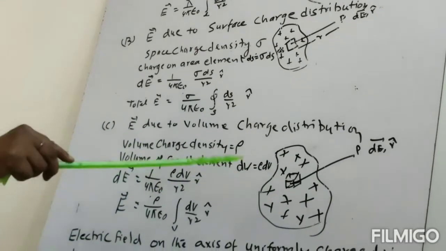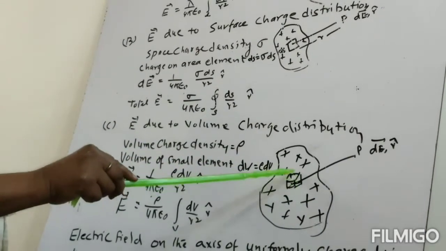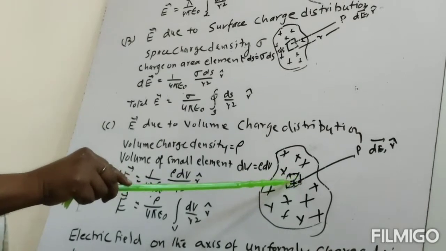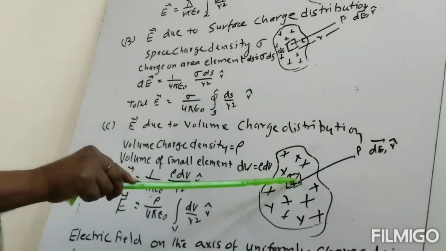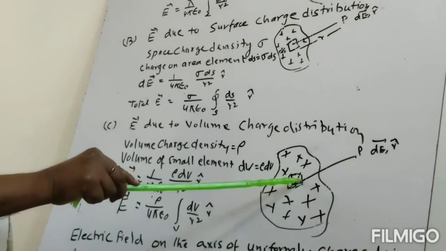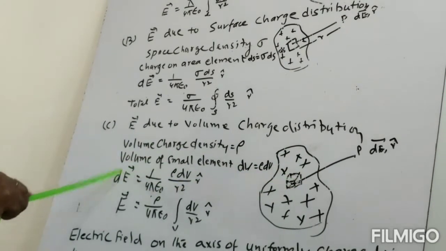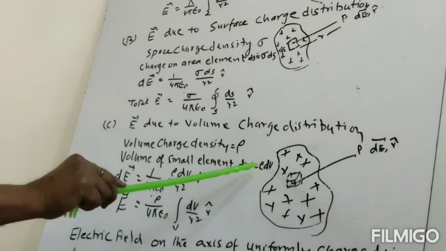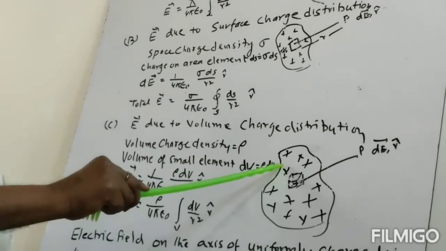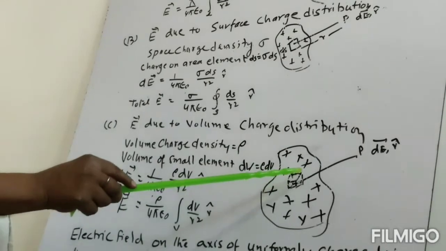If we consider a small volume element, its volume is dV. Then the charge of this small volume will be equal to rho into dV.